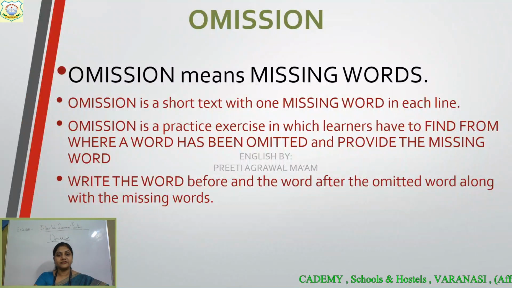The very first thing you should know is the meaning. Omission means missing words, as I have already told you. Omission is a short text with one missing word in each line.